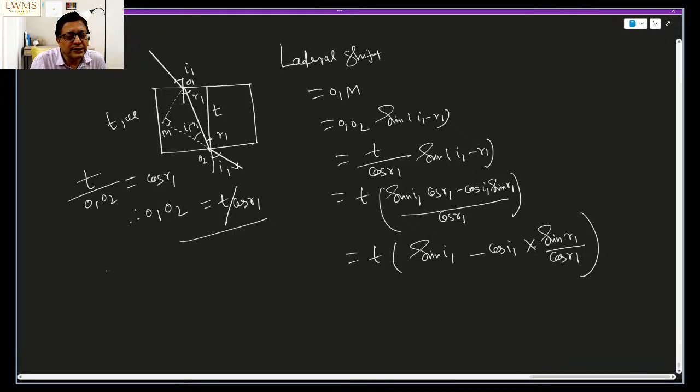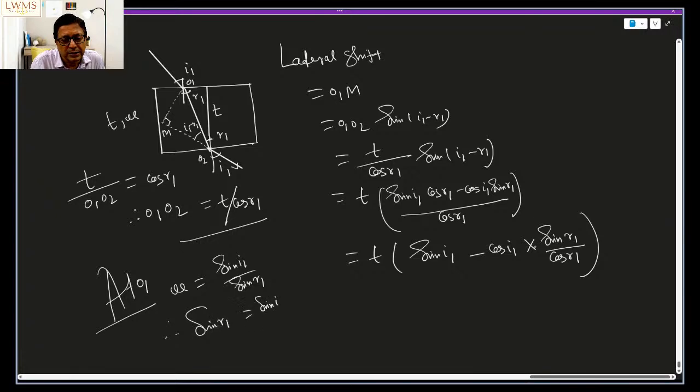Now at this point, at O1, mu equals what? Sin I1 by sin R1. Therefore, it is sin I1 by mu. Just substitute there.